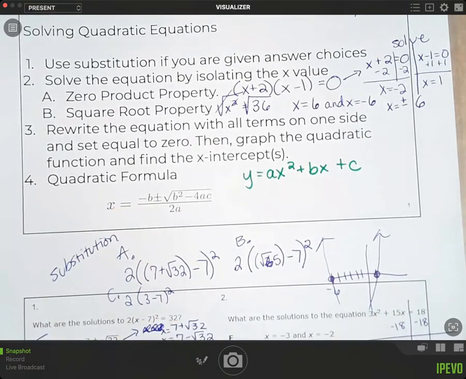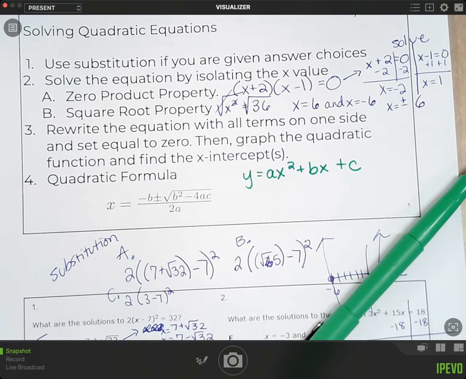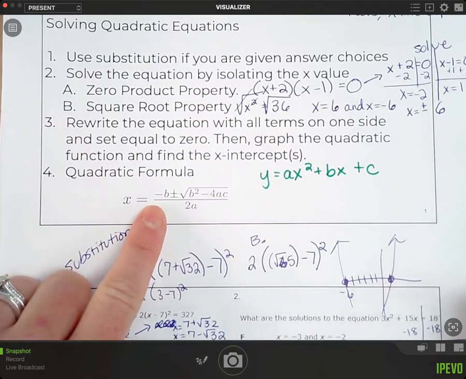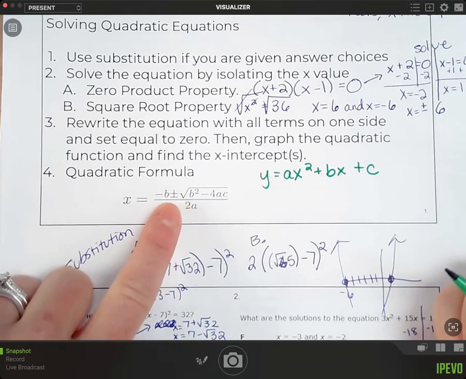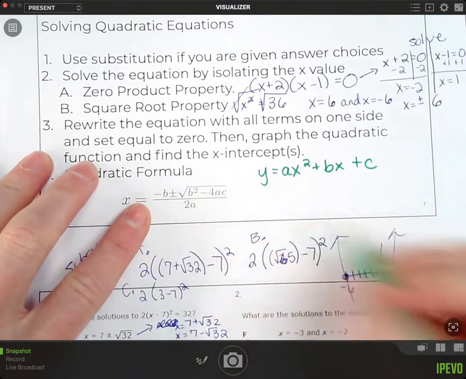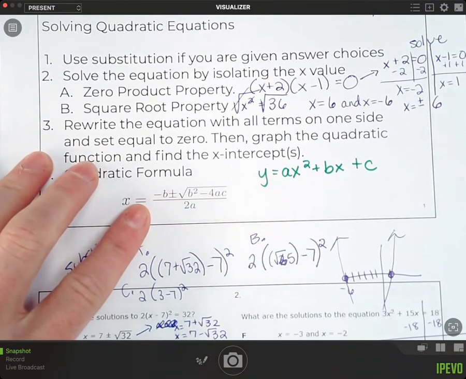So you take the A, the B, and the C, and then you plug it into this formula. X equals negative B plus or minus the square root of B squared minus 4AC all over 2A. This plus or minus means there are two solutions, okay?